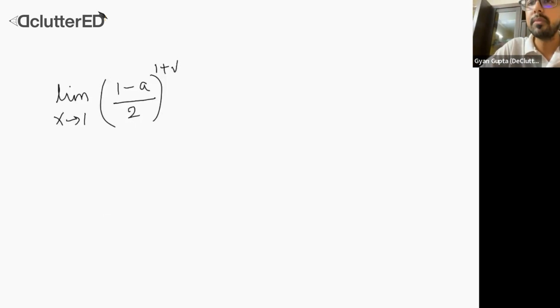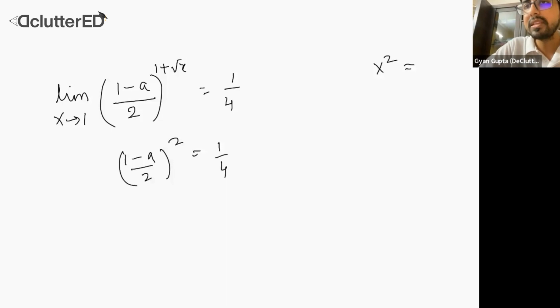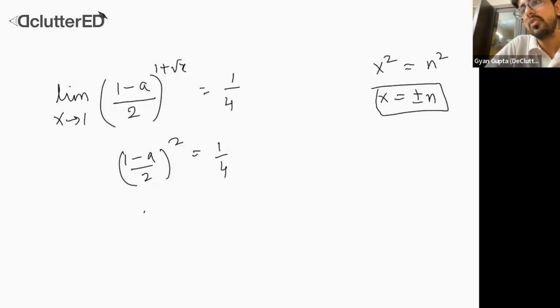It will become ((1-a)/2) the whole squared is equal to 1/4. Taking a root on both sides, and if x² is equal to some value n², x is equal to plus or minus n, the property of square roots. (1-a)/2 is equal to plus or minus 1/2. This will give rise to a equal to 0 or 2.